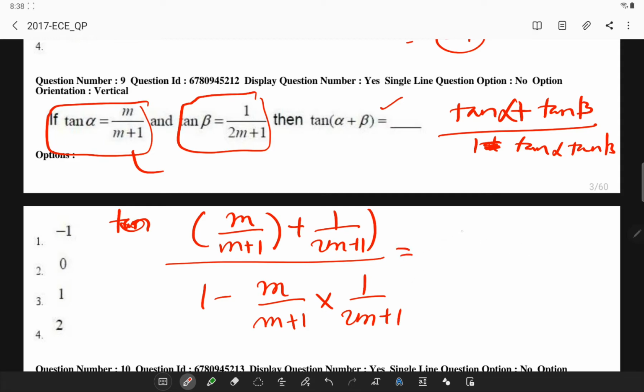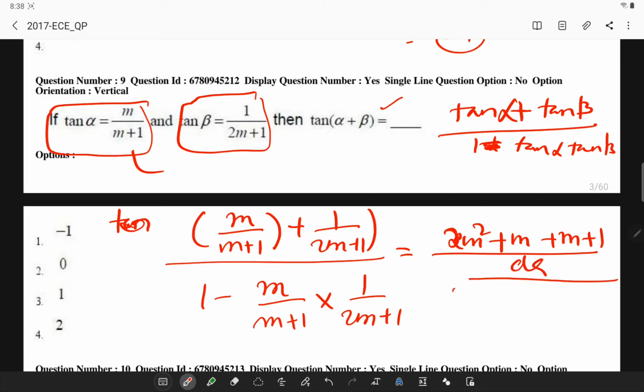So if I rearrange the terms, 2m square plus m plus m plus 1 divided by denominator is equal to, so I will be multiplying this, so 2m square plus m plus, multiplying this 2, so 2m square plus m plus 2m plus 1 minus m by denominator.